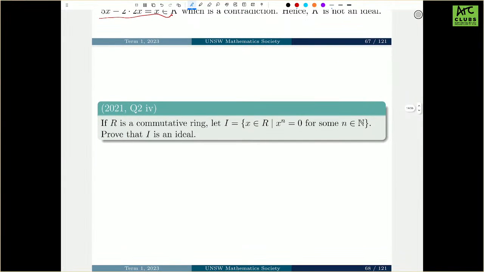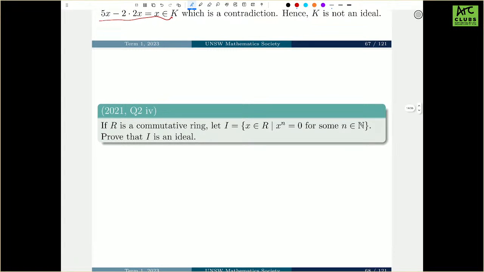Cool. If R is a commutative ring, so that means that multiplication commutes, it doesn't matter what the order is for multiplication. Let I be this set. Prove that I is an ideal.